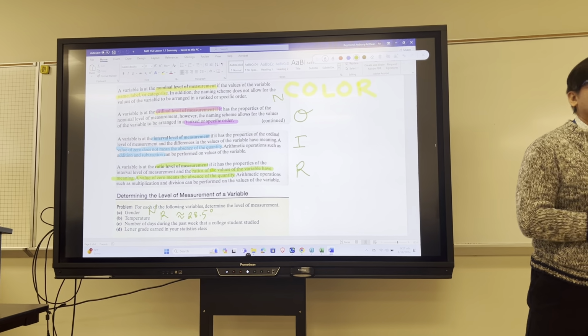So what can you say? Letter C? Interval. Because when you say number of days, you have studied, for example, 3 days, or 2 days, or just 1 day. So that means that's interval.